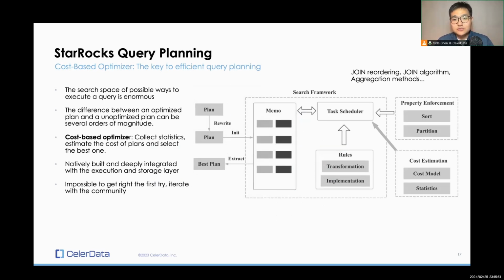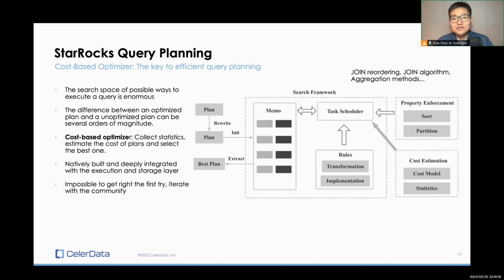And StarRocks incorporates its own cost-based optimizer. What it does is collect statistics directly from the data you store, estimate the cost of each potential plan, and select the best one according to the calculated cost. And it's natively built and deeply integrated with the execution and storage layer of StarRocks.